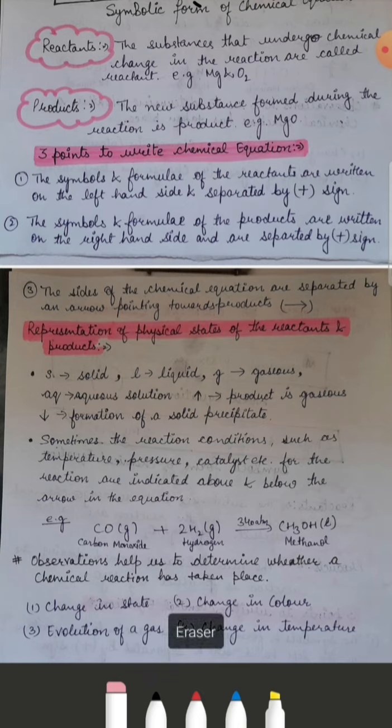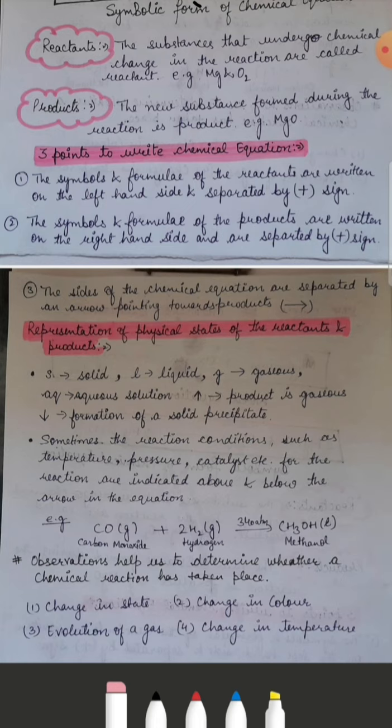If we have an arrow in an upward direction, then the product is in gaseous state. And if we have an arrow in the downward direction, it is the formation of a solid precipitate. It means the new substance produced after a reaction is in solid form.